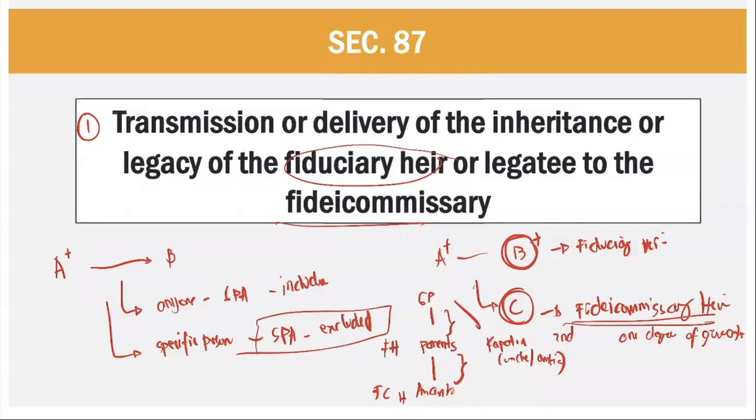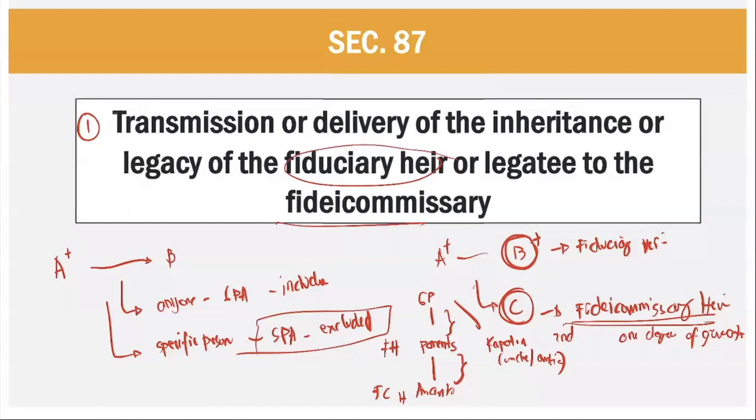So ang kailangan nandito sa transmission from fiduciary to fideicommissary, ang kailangan 1 degree. Pag hindi nag 1 degree, hindi siya pwede. Clear yan? 1 degree lang dapat yan kasi ang fideicommissary, transmission niya from your fiduciary is 1 degree. Pag hindi, edi hindi siya tawag na fideicommissary. Okay? So, A namatay, sabi niya sa will niya, i-transfer mo yan kay C, the fideicommissary heir.